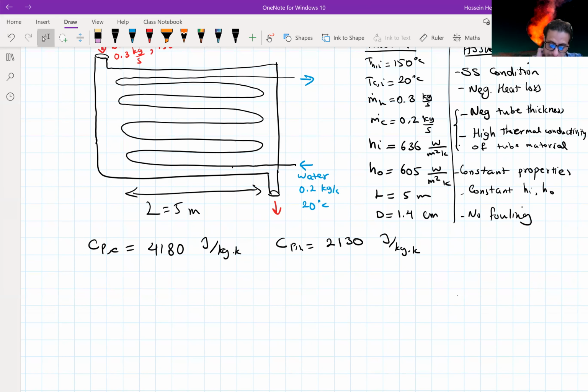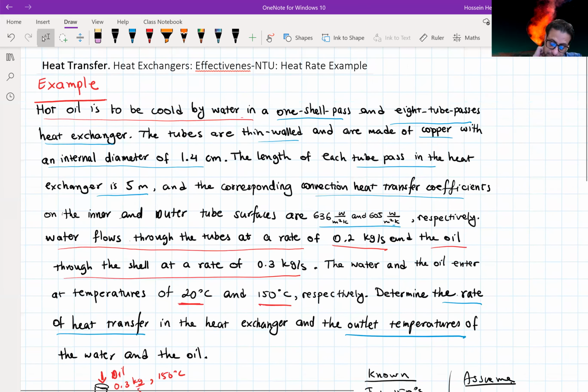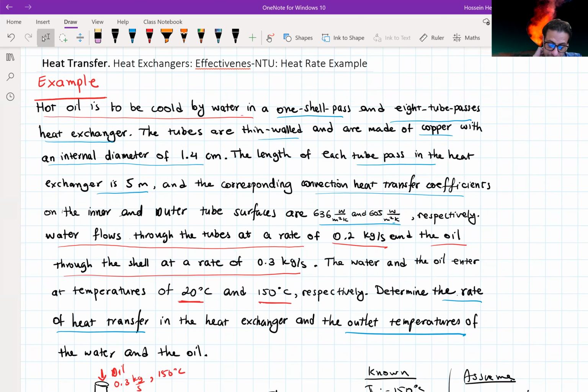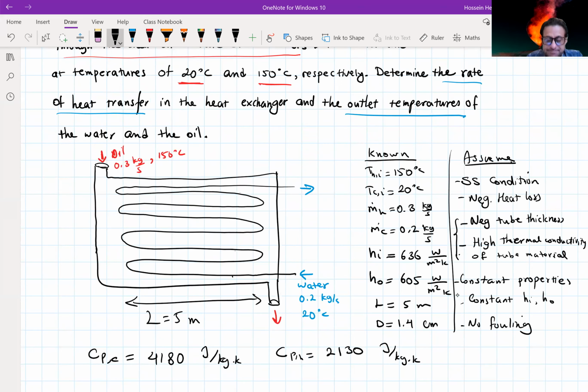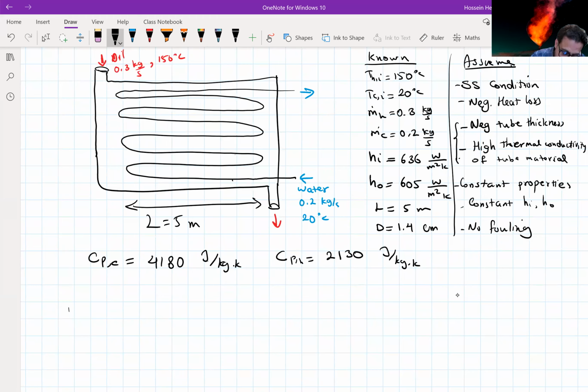Now we can use for this heat exchanger, it doesn't say which technique to use, and we know there are two ways to do the heat exchanger analysis, either LMTD or effectiveness-NTU. Now for this problem, since we don't know the outlet temperatures, LMTD requires really long iterations, and it becomes a really tedious procedure.